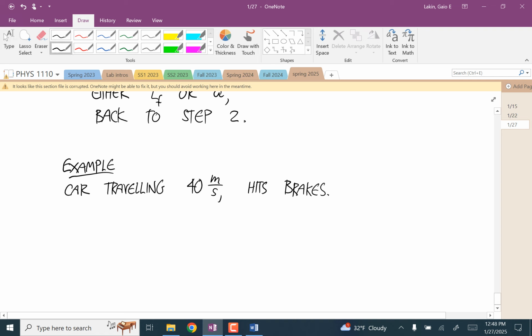And then we measure how long it takes from when the car hits the brakes to when it stops, and that distance is 30 meters. So the car stops 30 meters away.